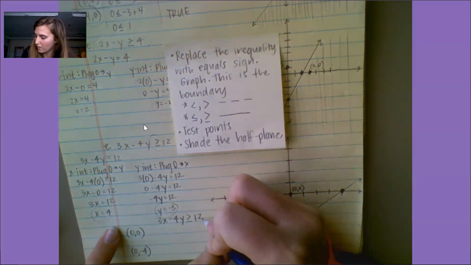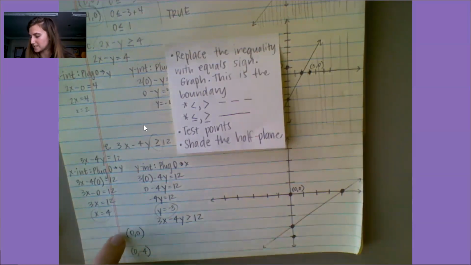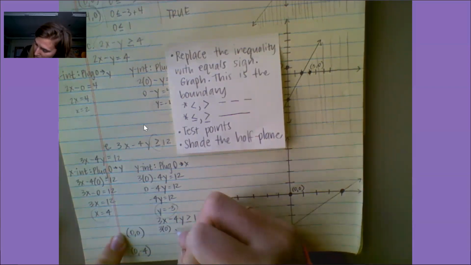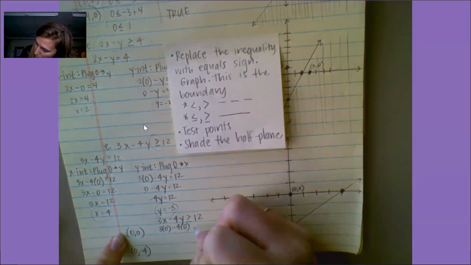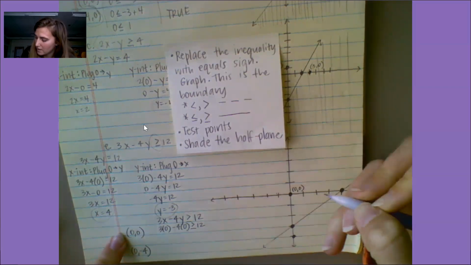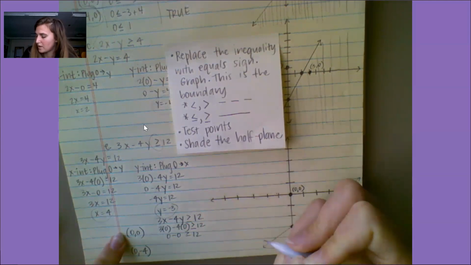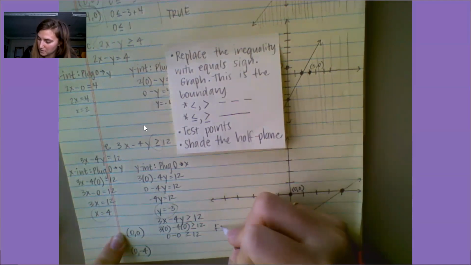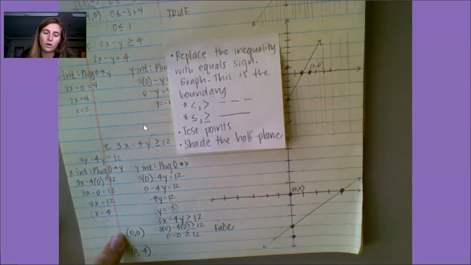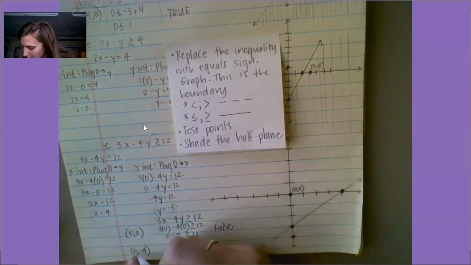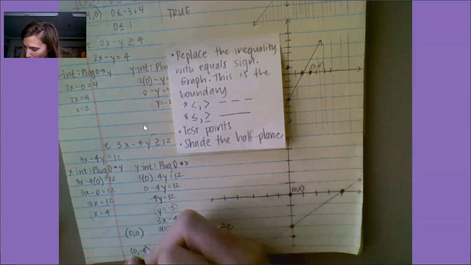3x minus 4y greater than or equal to 12. So if I plugged in 0 and 0, I would get 3 times 0 minus 4 times 0 greater than or equal to 12. That's 0 minus 0 greater than or equal to 12. That's false because 0 is not greater than or equal to 12. Let's try this one. So we plug in 0 for x, -4 for y.